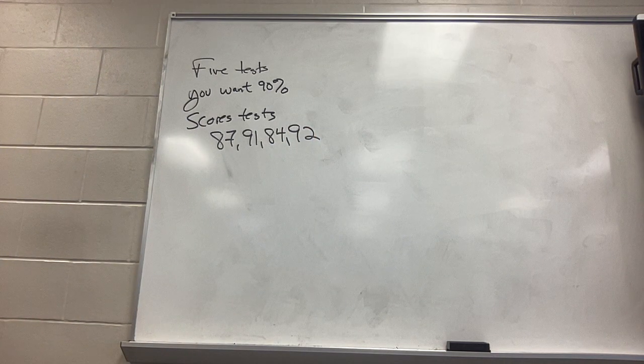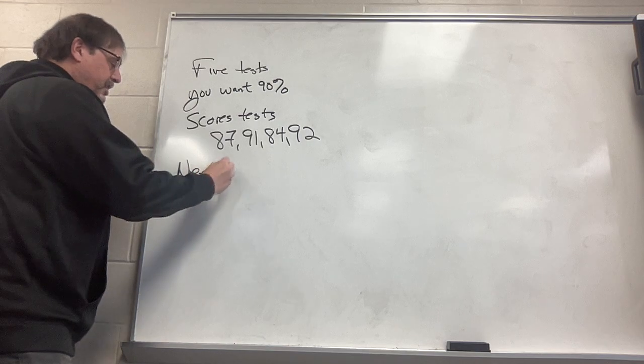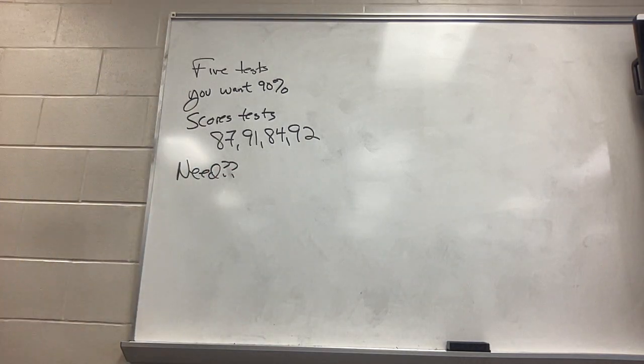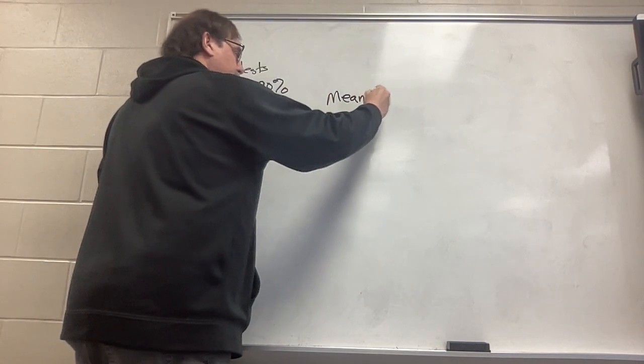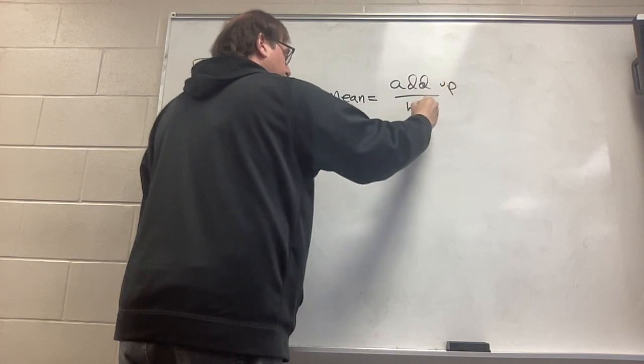We're going to do this algebraically. The question is, what do you need on your last test? Of course, you'd be happy if you get even better than what you need. Your average is your mean, which is what you get if you add up the scores and divide by how many.